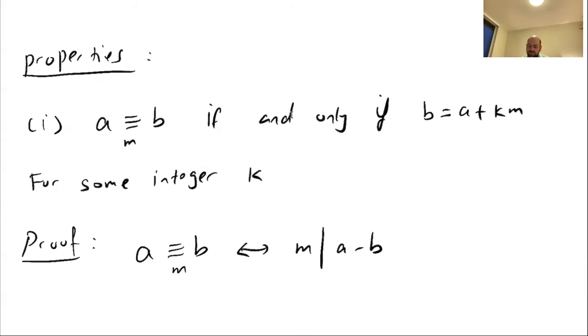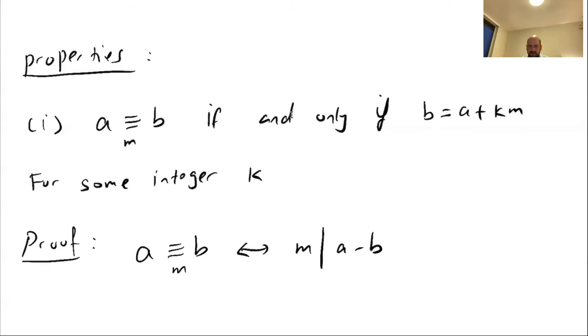Because I need to write b as a plus some integer times m. In that case, the integer is minus k. Doesn't matter. Well, that's it. So we showed that a congruent b is equivalent with saying that b is a plus km, or a is b plus km. Doesn't matter. Okay, next property.